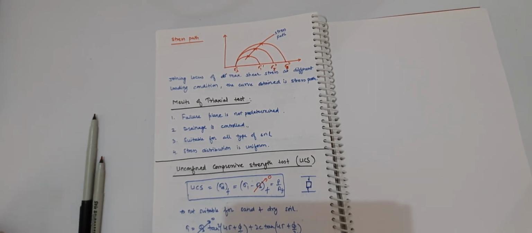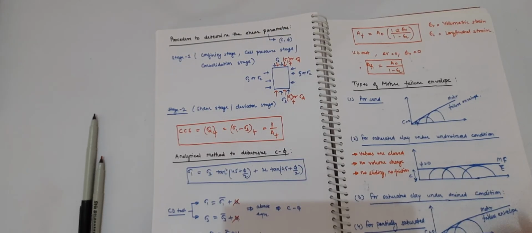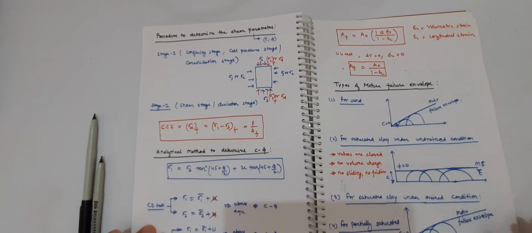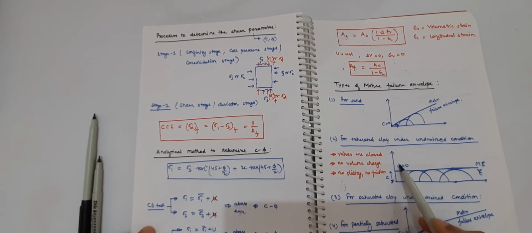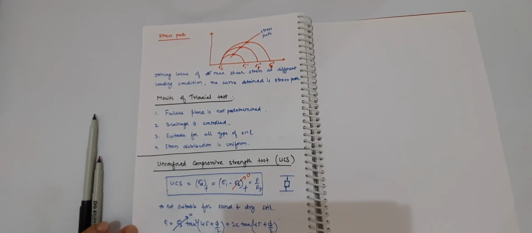When the soil is undrained, we get phi equal to 0. Therefore here also phi will be 0.